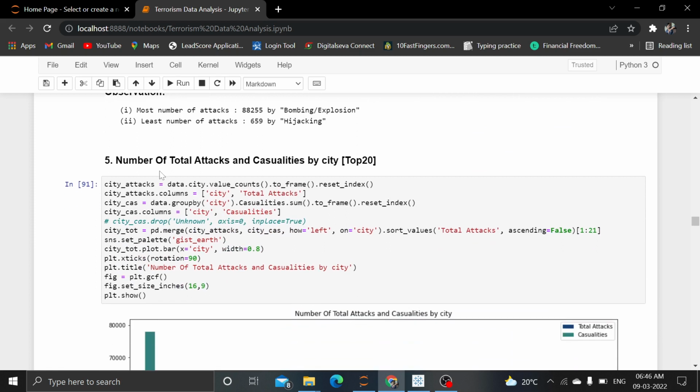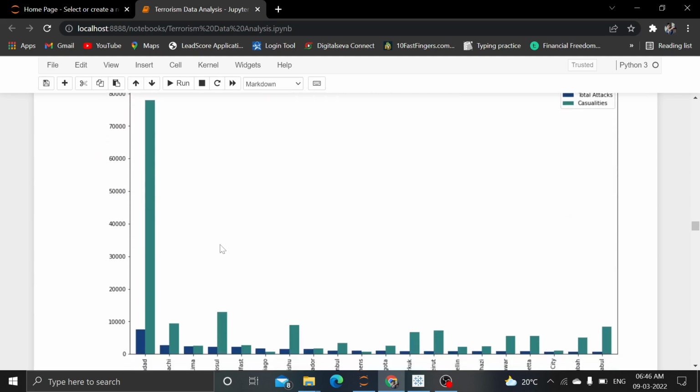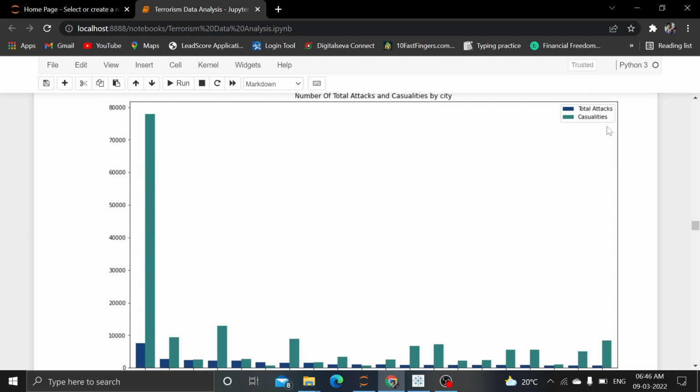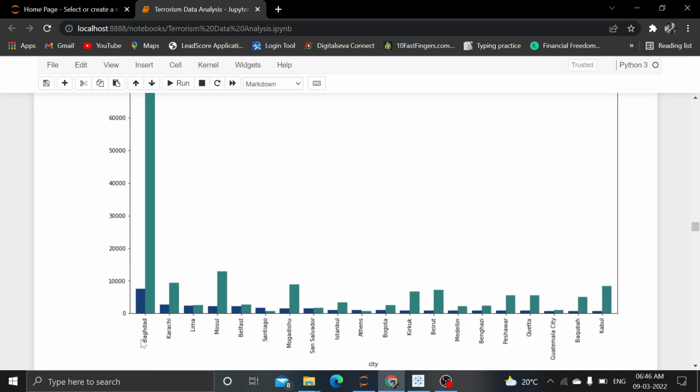Then the number of total attacks and casualties by cities. You can see that total attacks are in blue color and casualties in green color. Here is Baghdad, the capital of Iraq.